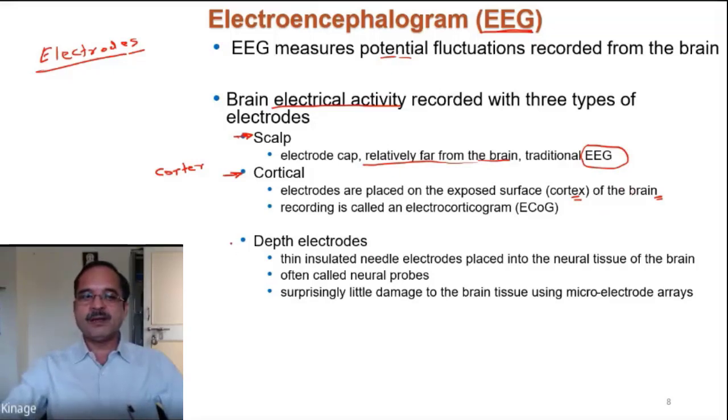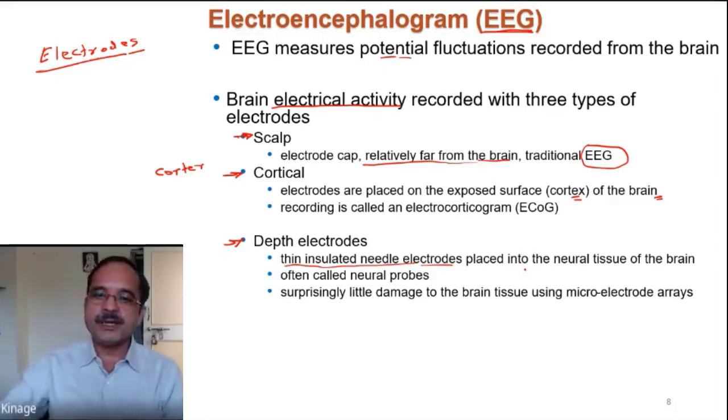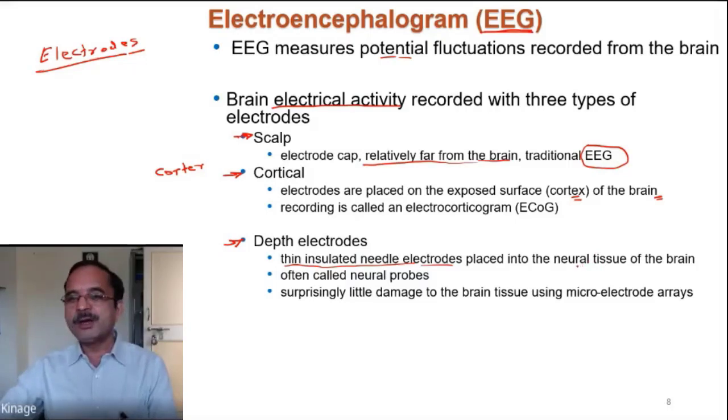Then the third one, the depth electrodes. These depth electrodes are thin insulated needles, which are inserted into the neural tissue of the brain. Again, they directly touch the neural tissue, and they are also called neural probes.